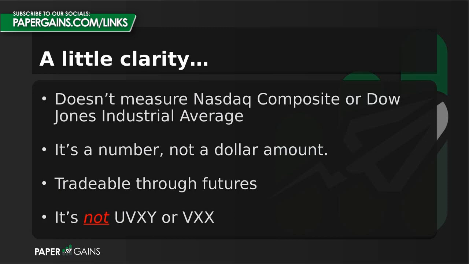And there are two products, one is an ETF, one's an ETN, but UVXY seems to get confused quite a bit with the VIX. But specifically UVXY, it's not the VIX. What it is, it's a 1.5 leverage ETF of the daily volatility of VIX futures options.